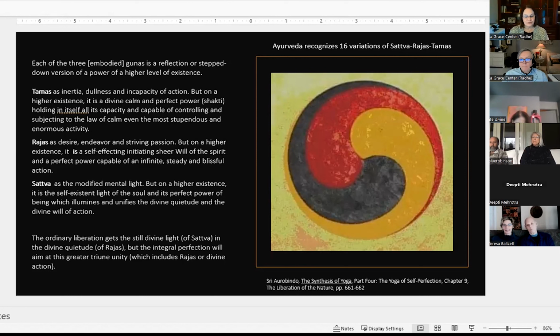As we go into the rajas and tamas symbols, they become more the asuric type. So Ayurveda, again, uses 16 psychological types around sattva, rajas, and tamas in categorizing mental orientation of individuals.